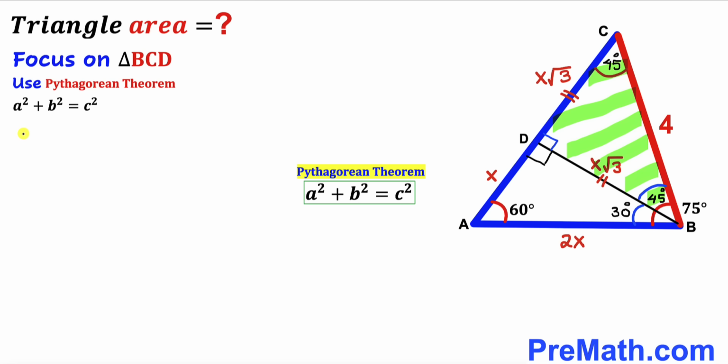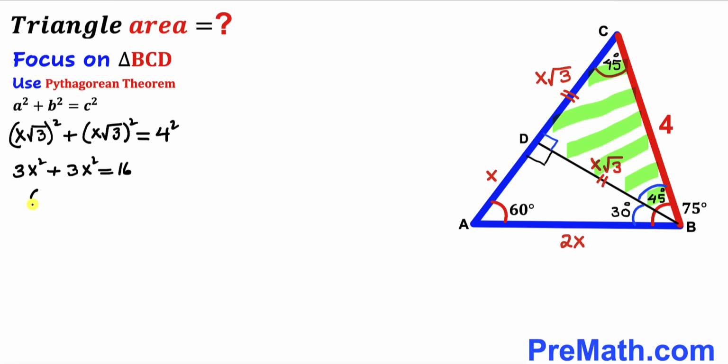We got x times the square root of 3 whole squared plus x times the square root of 3 whole squared equals 4 squared, or we can write 6x squared equals 16.